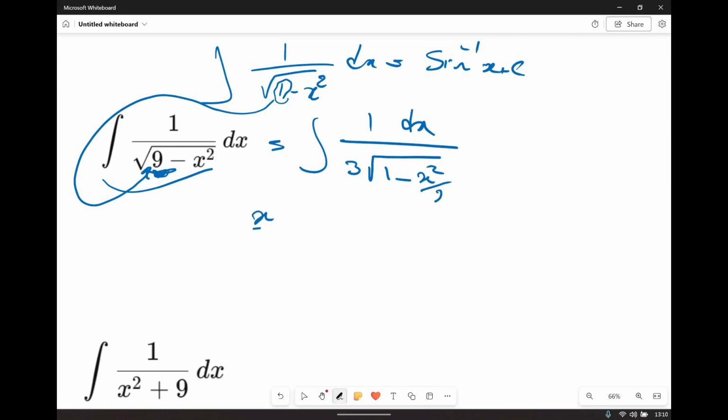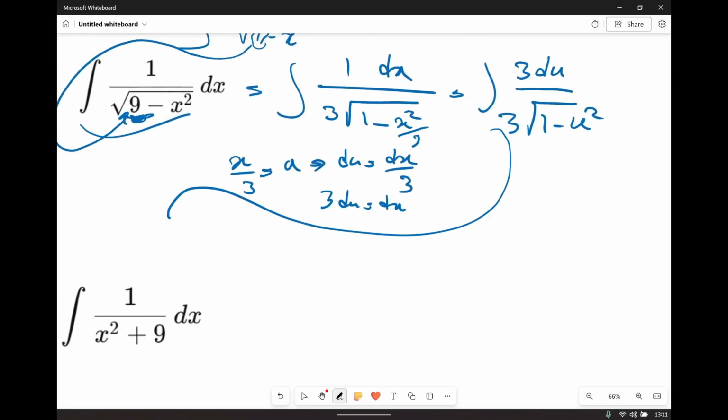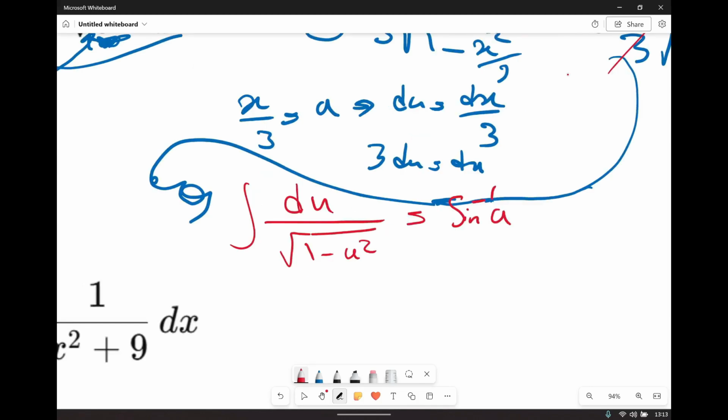Now I put x/3 as u, du is dx/3, and I substitute here: 3 du is dx, and the expression becomes 3 du divided by 3 times the radical of 1 minus u^2. The 3 and 3 cancel each other, and our integral is du over the radical of 1 minus u^2, and we know this is sine inverse u plus c. At the end I put sine inverse of x/3 plus c.